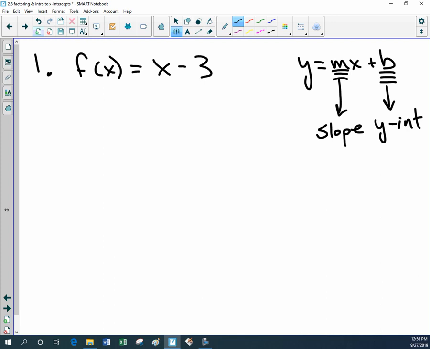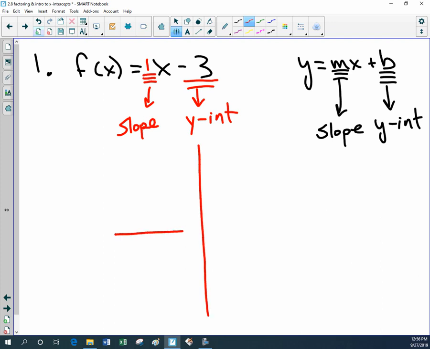So if we look at the example we're given, -3 represents what? The y-intercept. So where it crosses the y-axis. The number in front of x is 1, and that represents the slope. So to graph it, the y-intercept is -3.